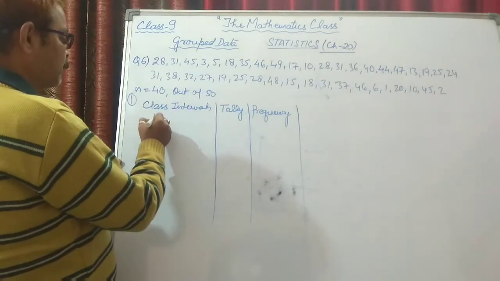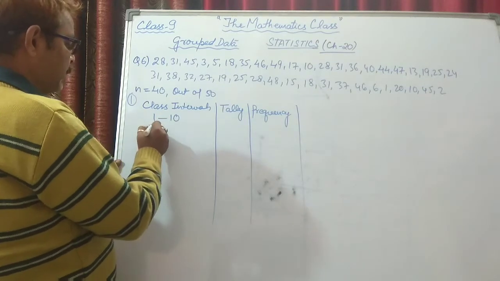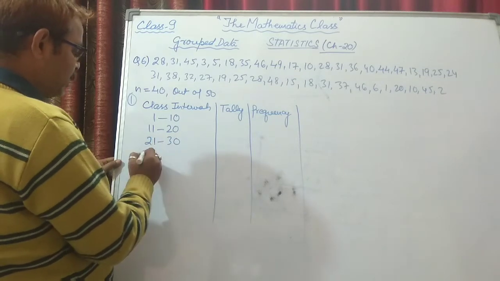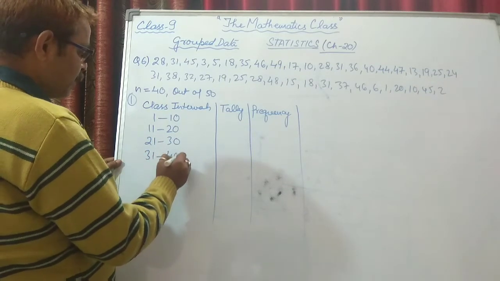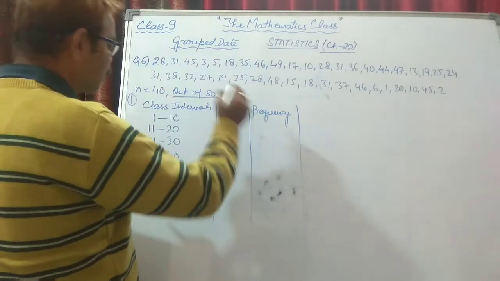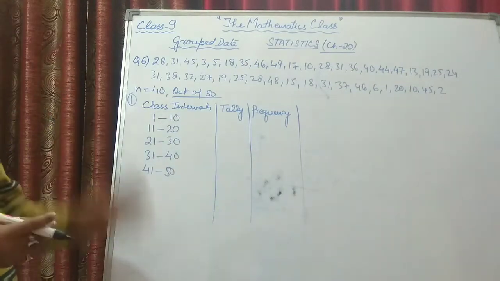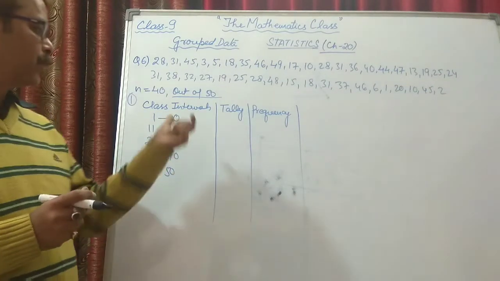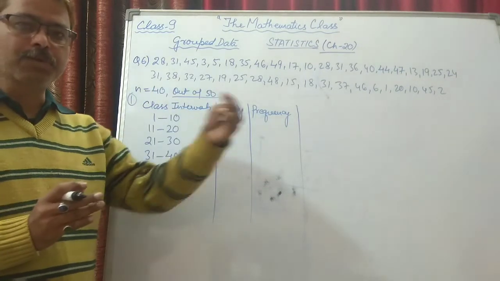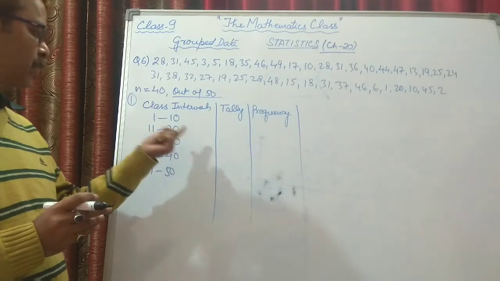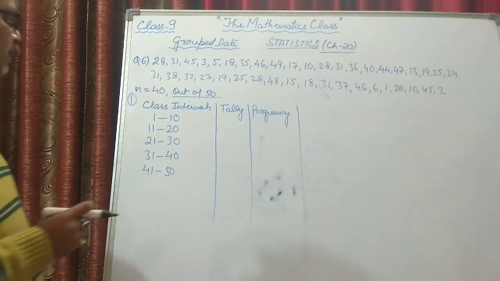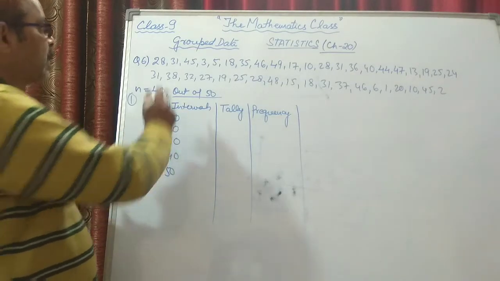First class interval will be 1 to 10, then 11 to 20, then 21 to 30, then 31 to 40, and 41 to 50, not more than 50, because they say marks are only out of 50. It means the students have been divided into 5 groups. First group is those who scored 1 mark to 10 marks, second from 11 to 20, third from 21 to 30, then 31 to 40, and 41 to 50. Now we will find how many students are in 1 to 10.